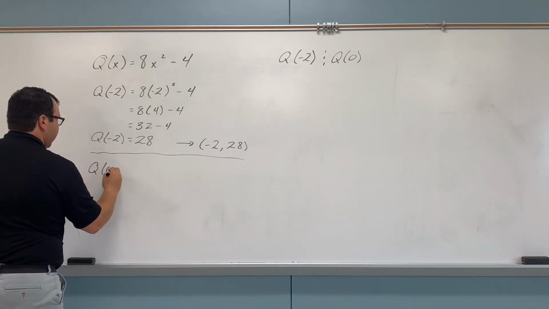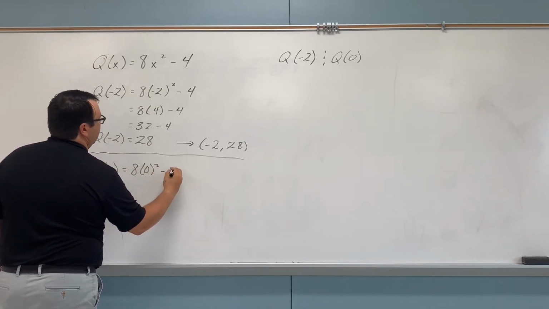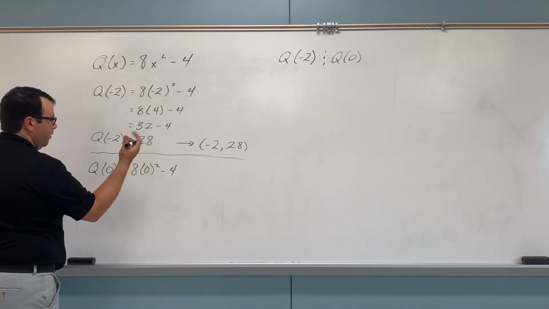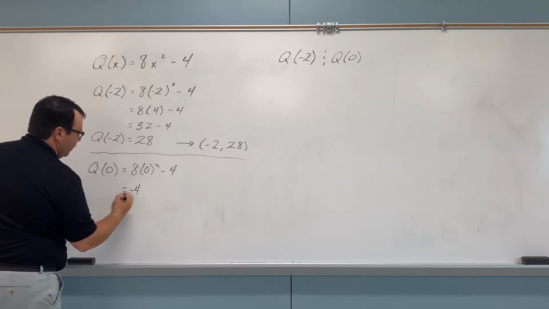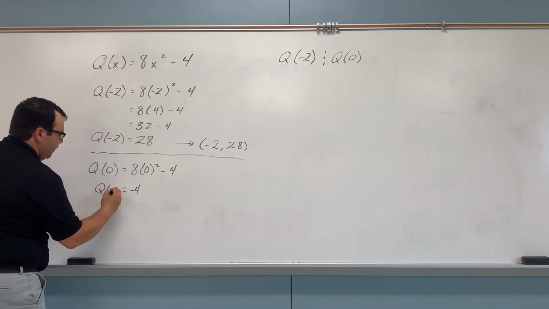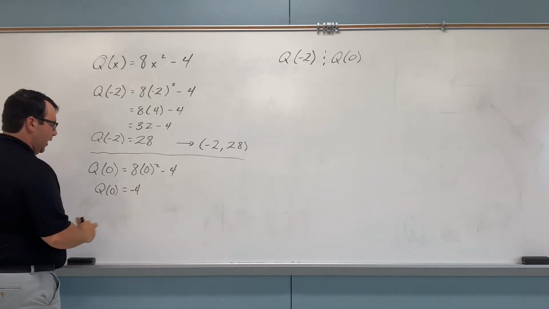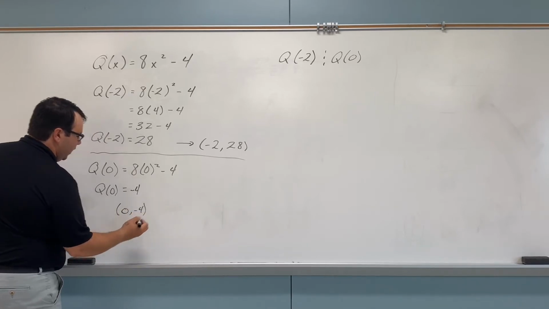So at q of 0, plug in. 0 squared is 0. 8 times 0 is 0. Minus 4 is -4. So q at 0 is -4. That one was a very easy one. Again, if you were looking for a coordinate value, that is 0, -4.